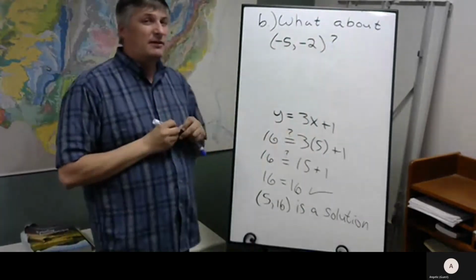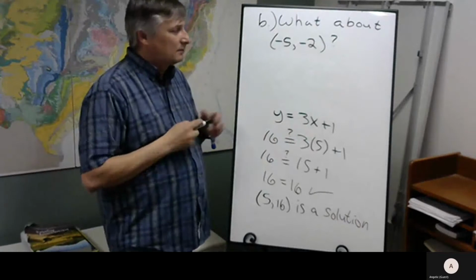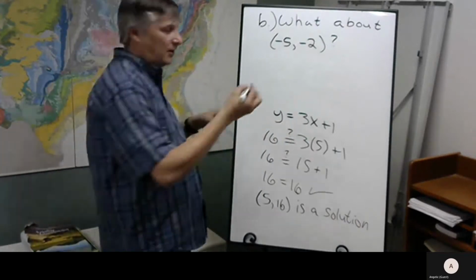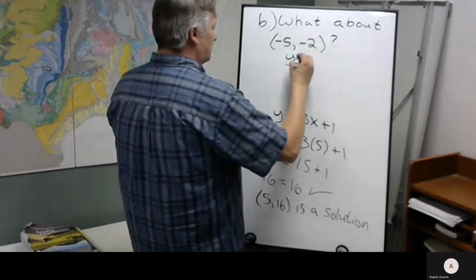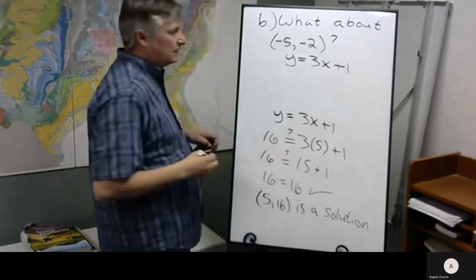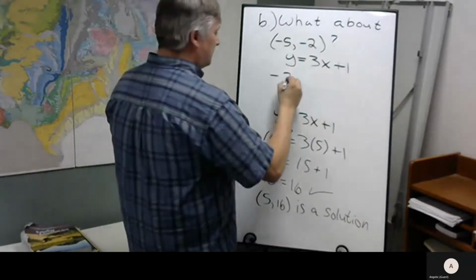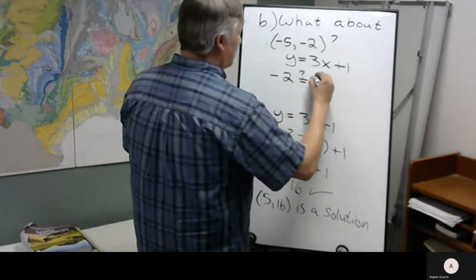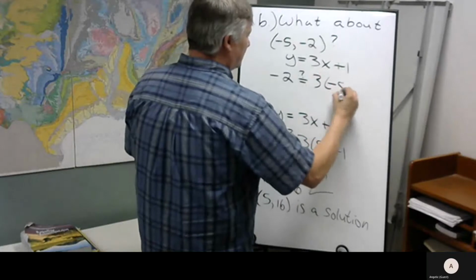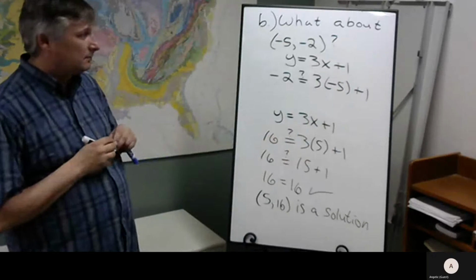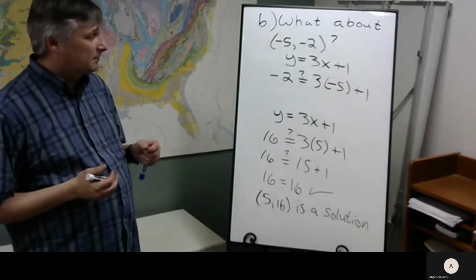What about -5, -2? Well, is this going to be the solution? Well, start out. y is 3x plus 1. Is -2 equal to 3 times -5 plus 1? Is that in fact true?